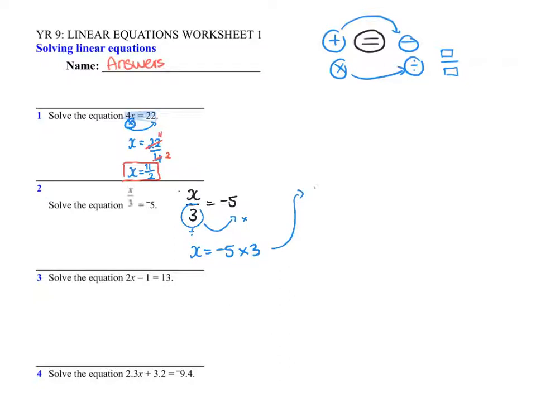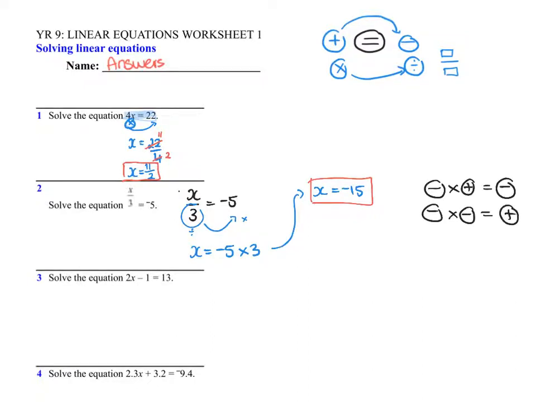So negative 5 times 3 is negative 15. So that's the answer. So what you're going to also remember is that if you have a negative times a positive, you're going to get a negative. If you have a negative times a negative, you'll get a positive. Okay, so there might be a few little things you might have to remember.